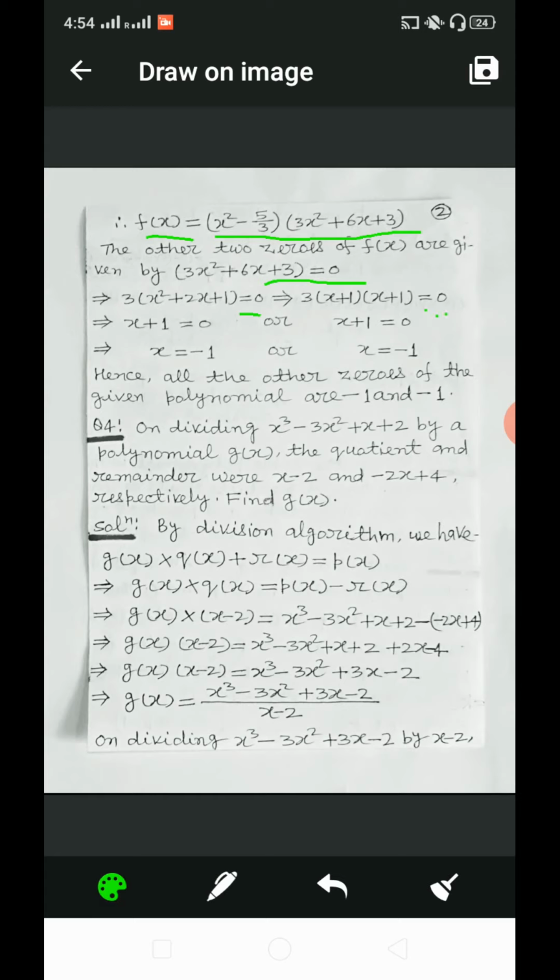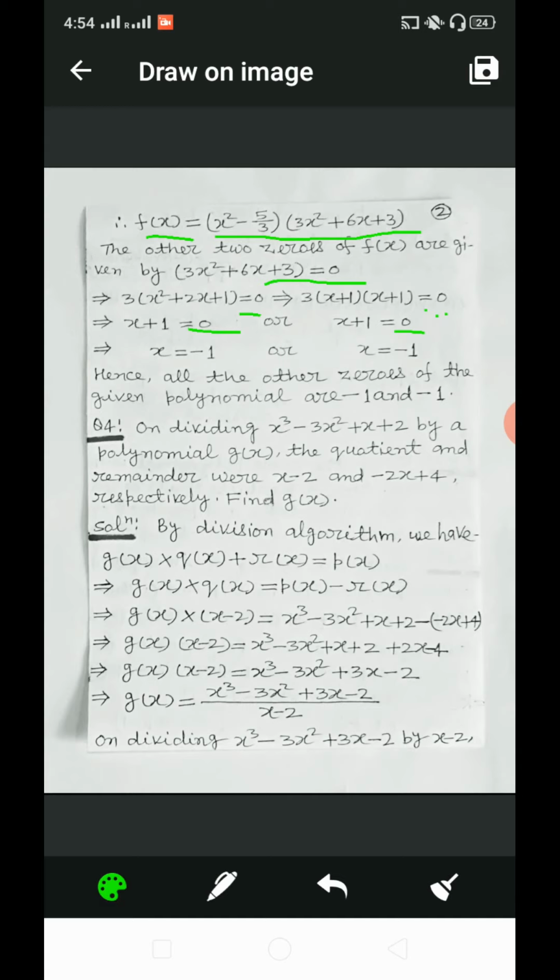Since x square plus 2x plus 1 is the whole square of x plus 1, so we get 3 into x plus 1 into x plus 1 equal to 0, and this implies x plus 1 into x plus 1 equal to 0.